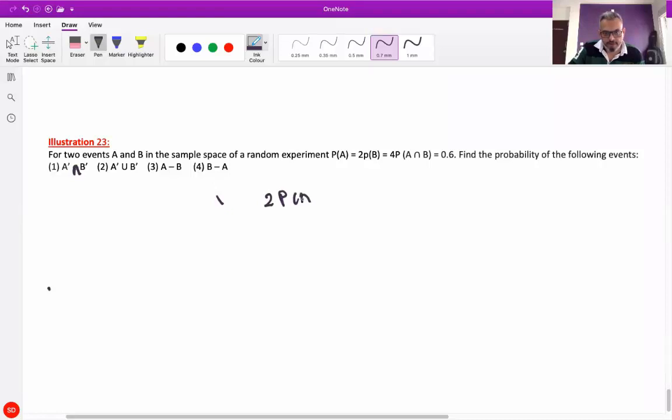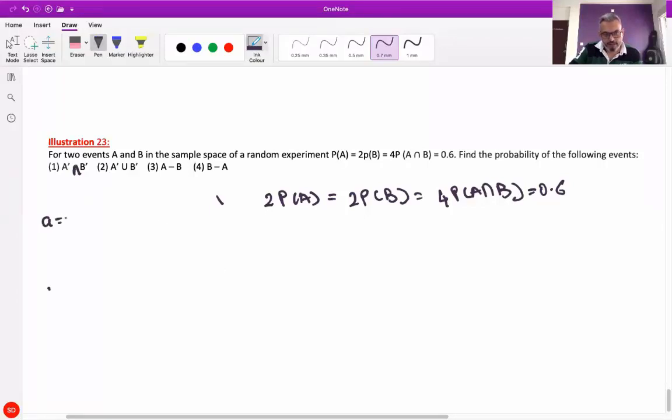2P(A) = 2P(B) = 4P(A ∩ B) = 0.6. So now how do we read this? Very simple.